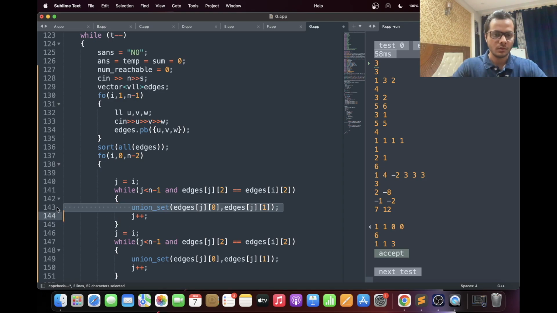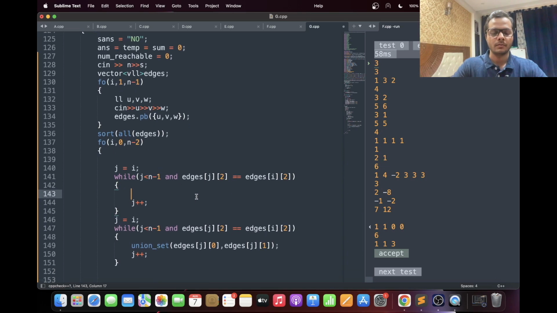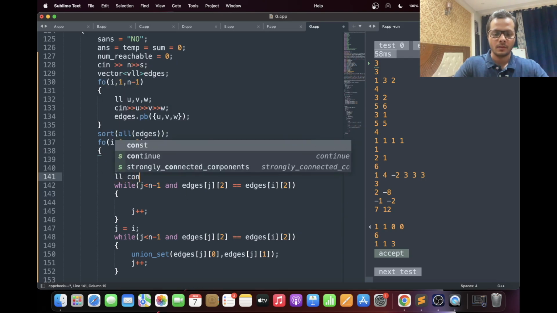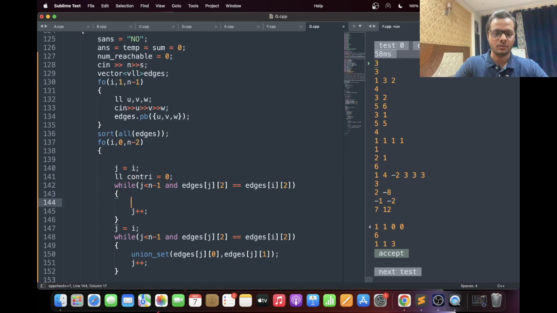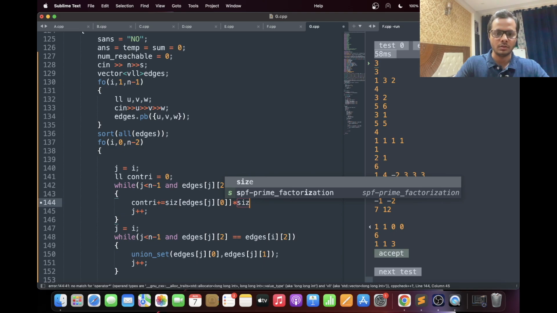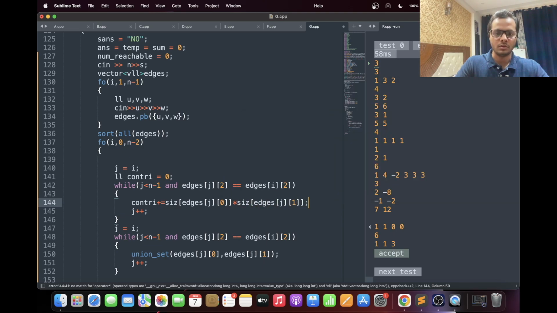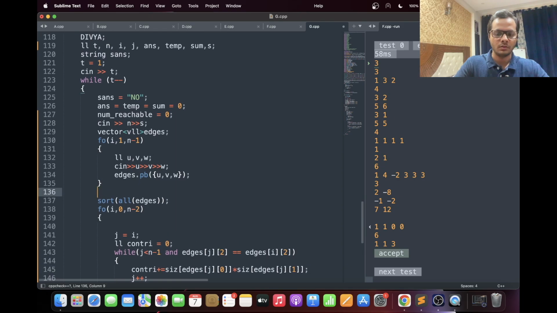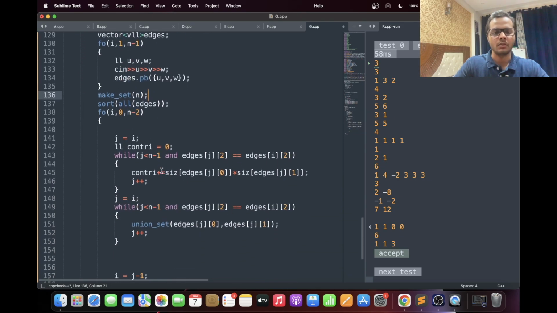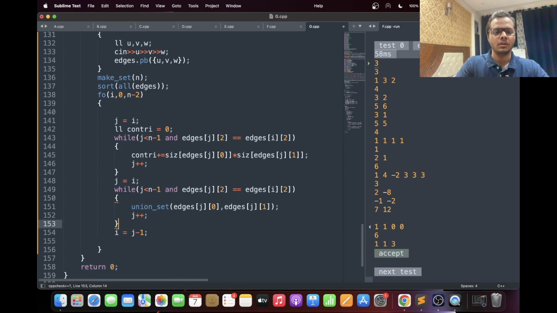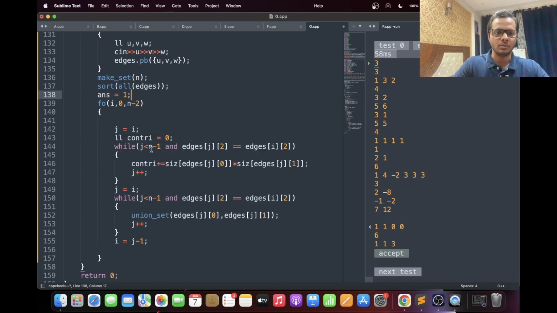Instead of doing union set, we can say count is equal to 0, and count plus equal to sz of edges j0 multiplied by sz of edges j1. And now we'll do the union, and we'll say answer is equal to 1.